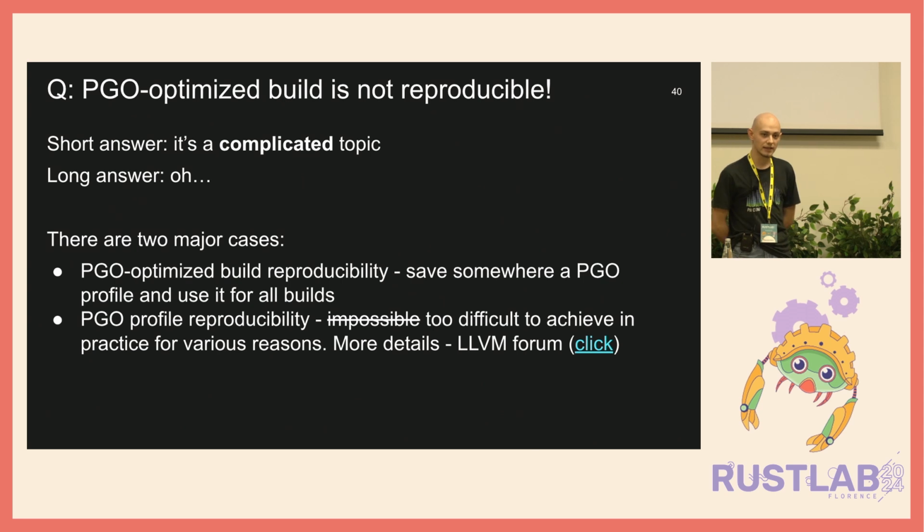The second one is the most complicated: PGO profile reproducibility itself, when we want to gather a PGO profile in some reproducible way. It could be difficult to guarantee in practice because your application should run in a deterministic way each time.